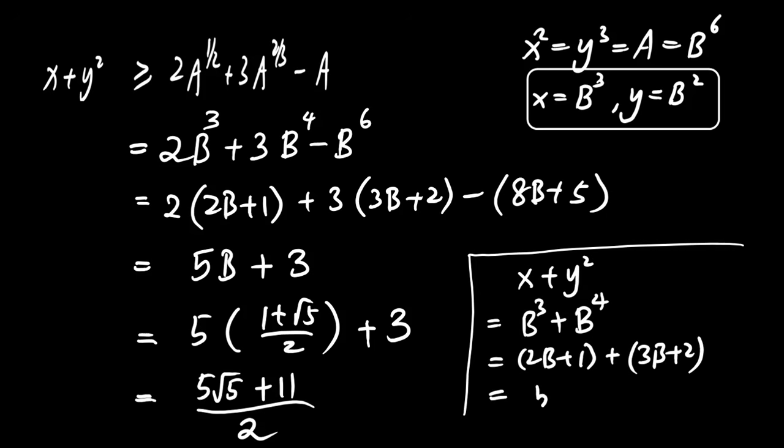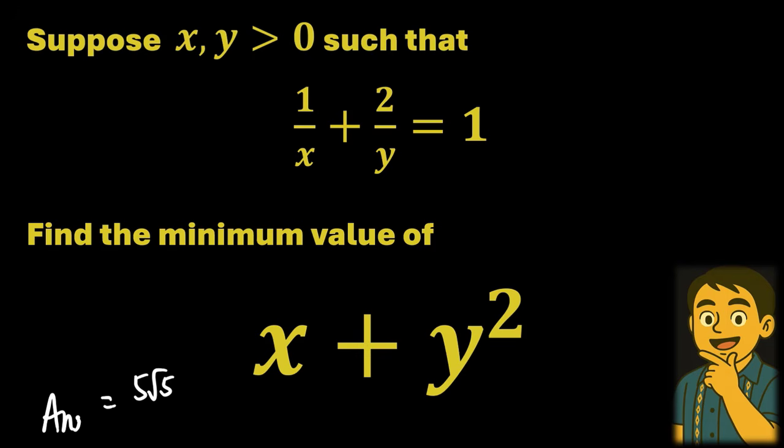So again, it is 5b plus 3, similar to the answer just now. Therefore, we confirm that the minimum value is 5 square root of 5 plus 11 over 2.